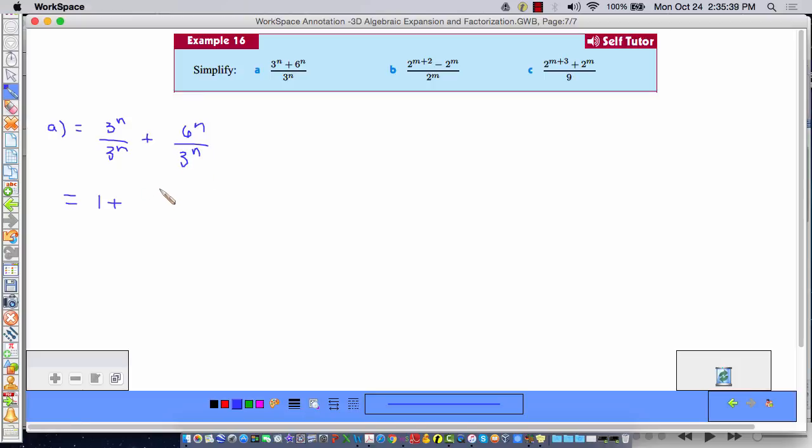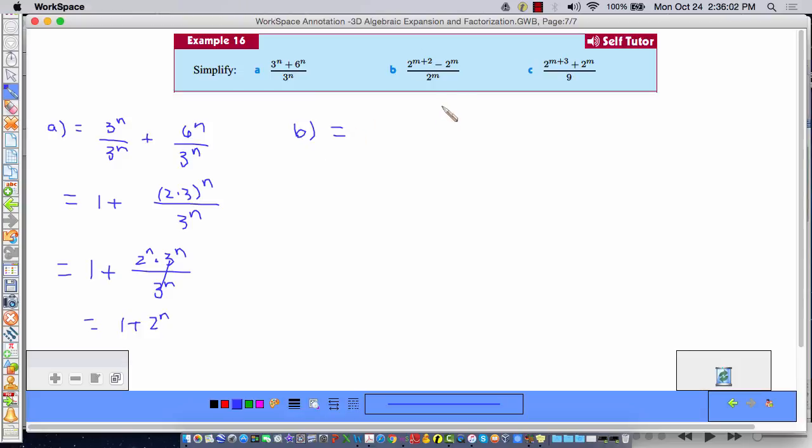I'll do it again. So that's 2 times 3 to the n over 3 to the n, which is 1 plus 2 to the n times 3 to the n over 3 to the n. The 3 to the n's go away, and I'm left with 1 plus 2 to the n power.